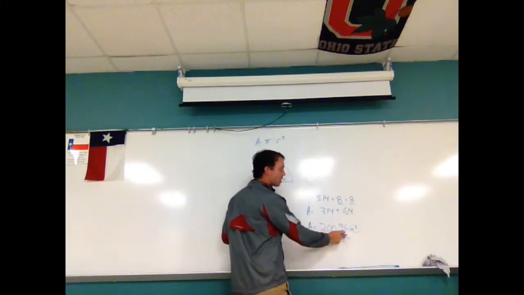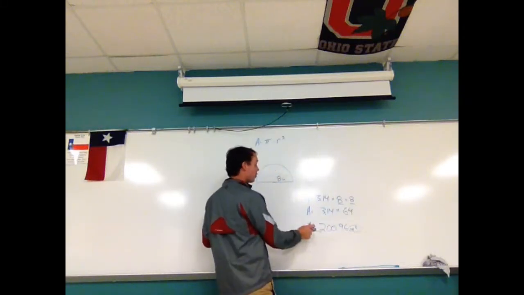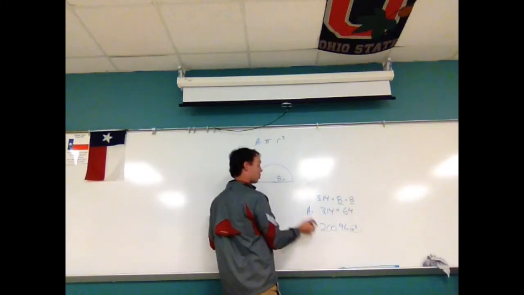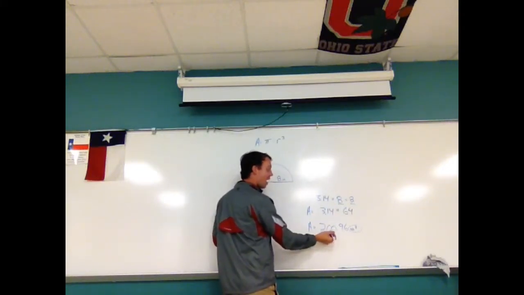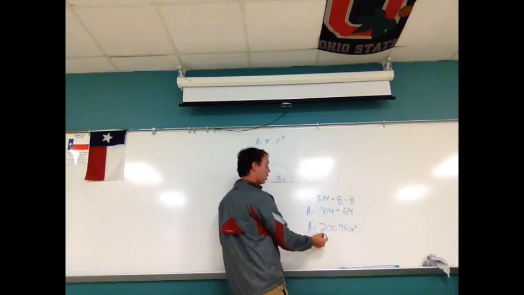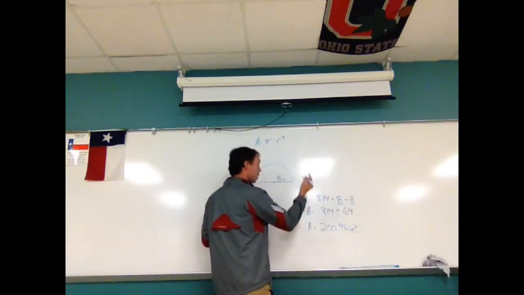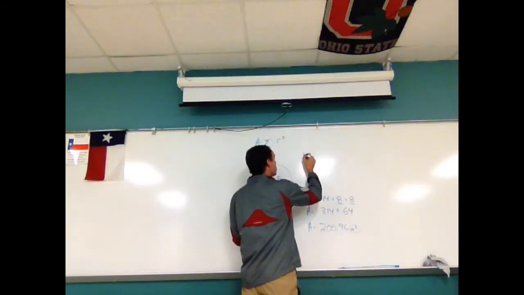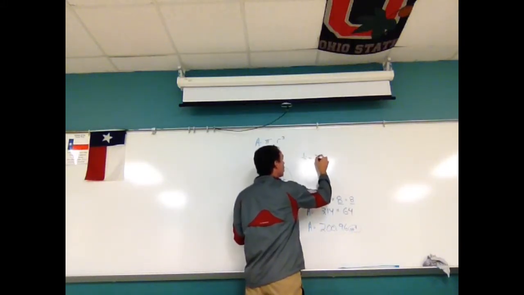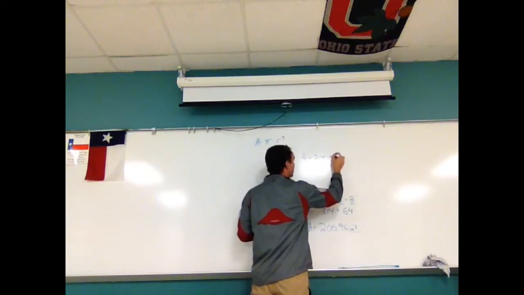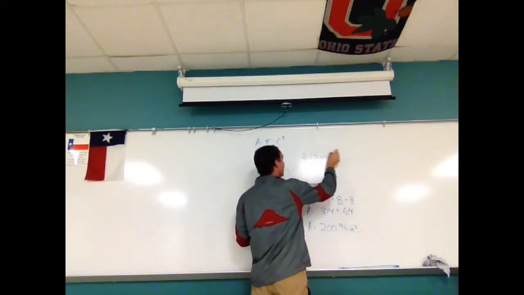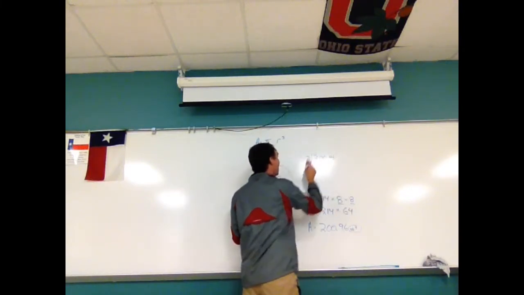Okay, 200.96 inches squared is for the full circle. If we end up wanting only half of this circle, we're only going to use half of this number. So, to get half of this number, again, like we did before with trapezoids and triangles, I can either do 1/2 times 200.96, or I can just take 200.96 and divide it by 2.